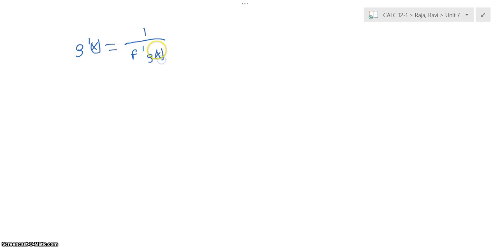And essentially what this is doing is finding the derivative of an inverse function.